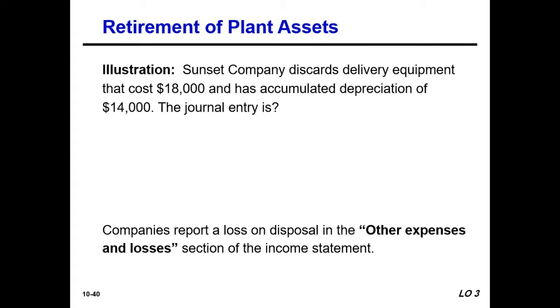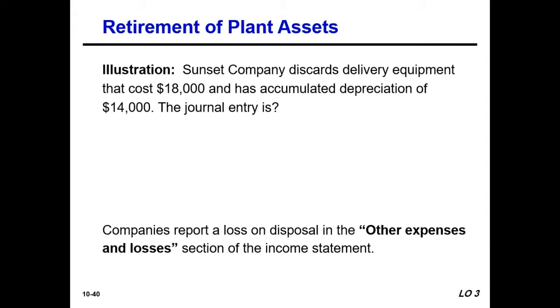So first of all, what is the entry? What will be debit? What will be credit? Whenever you discard an asset, you always have to close its accumulated depreciation account. Closing an account means the balance should be zero.